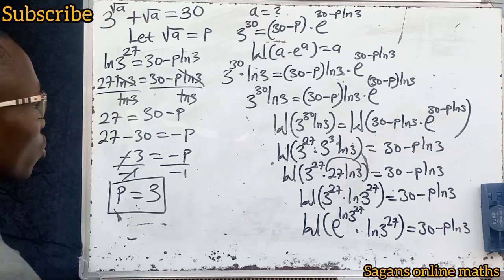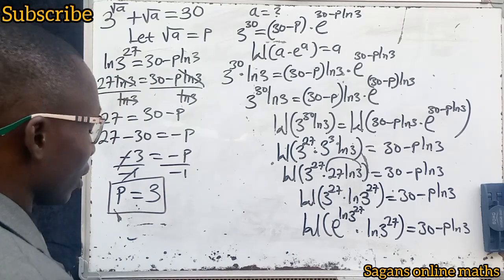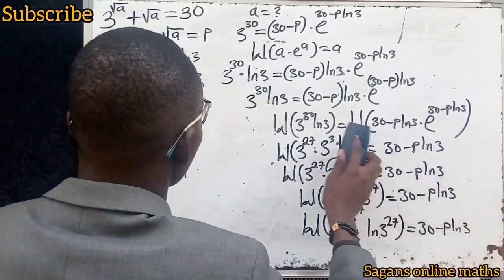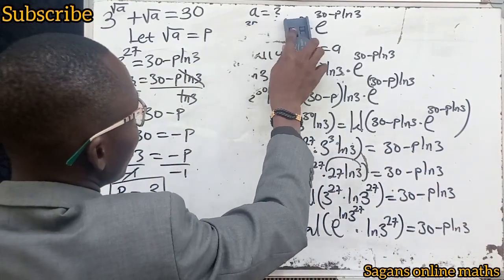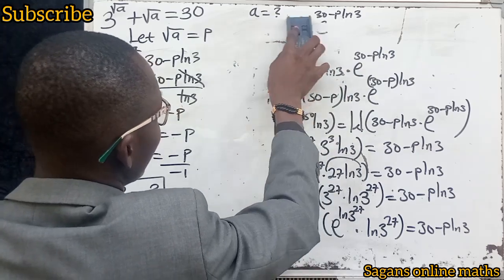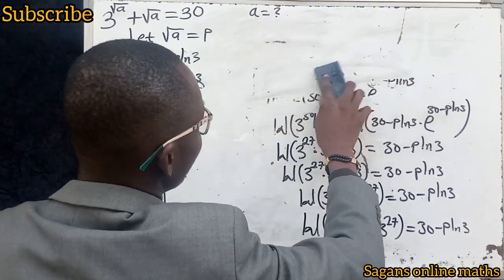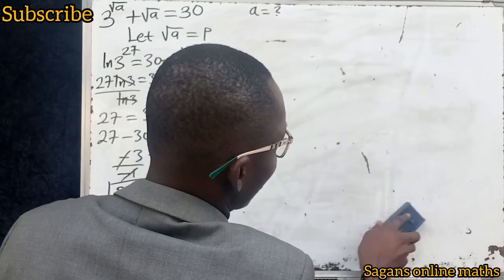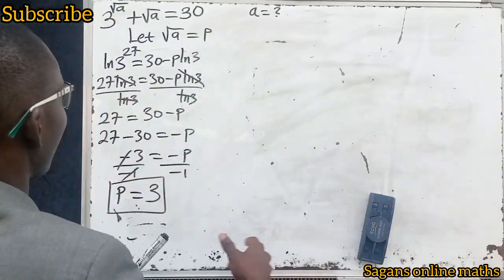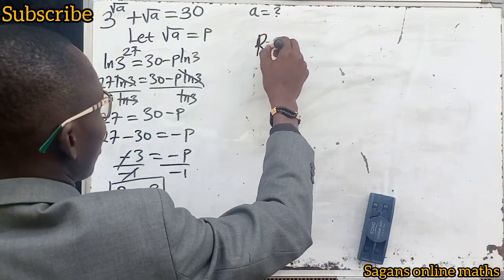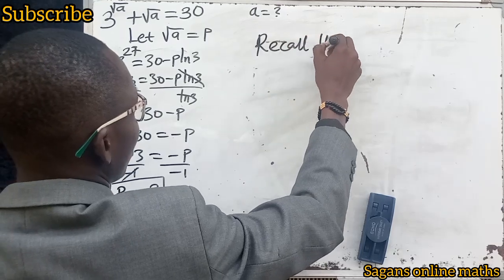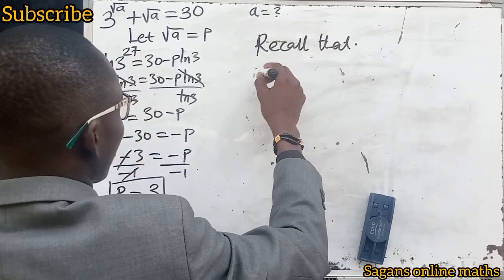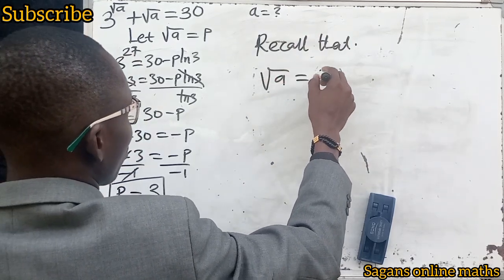But remember, we are not asked to solve for p. We are asked what is the value of a. Now let's recall. Recall that root a is equal to p.